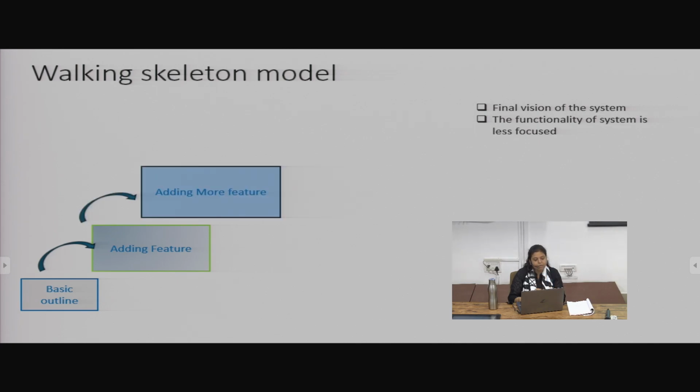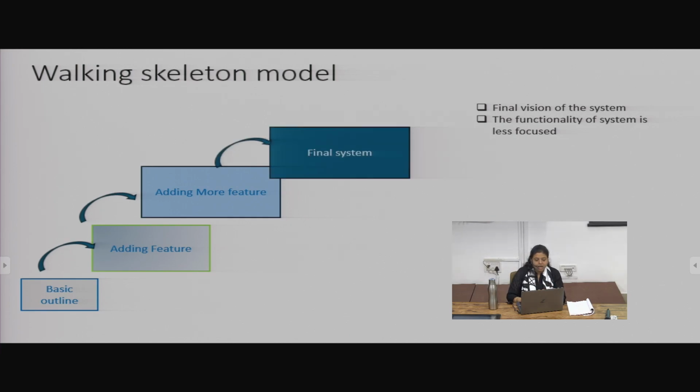So we keep on adding more and more features. In the skeleton, we started with a blank, then we keep adding more and more features, and then the whole car, or whole four wheeler, will be developed, and at the end you will get the final system, the final vision of the system, in such steps. So it's a kind of walking skeleton model.